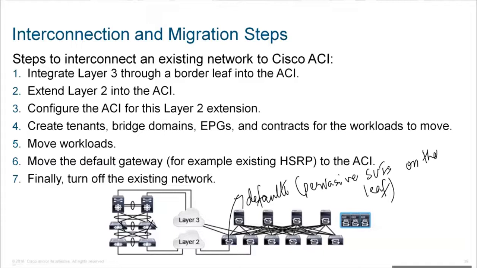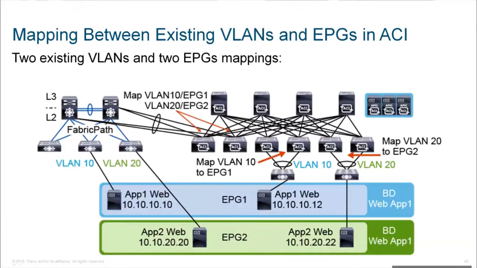Okay, and hopefully you move everything, all the servers connected here, you migrate them off. Once you move everything, of course, you can turn off your existing network. An example shown here, 2 existing VLANs. So this is your traditional side, VLAN 10, VLAN 20.